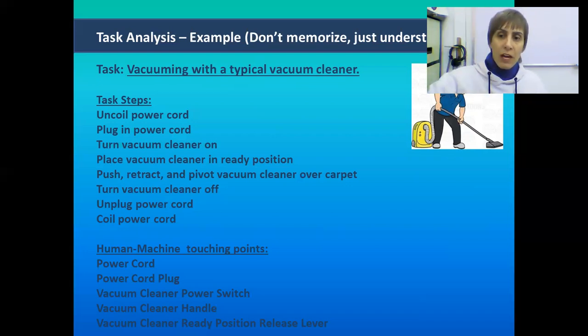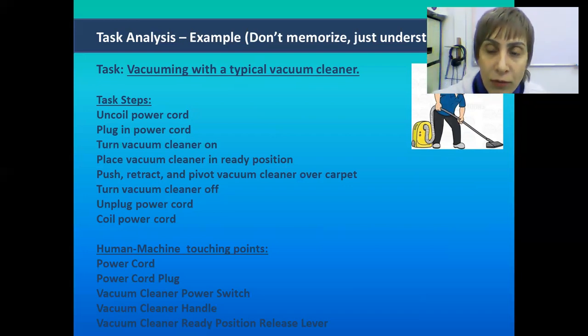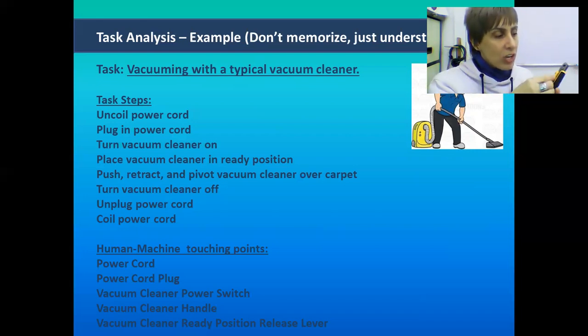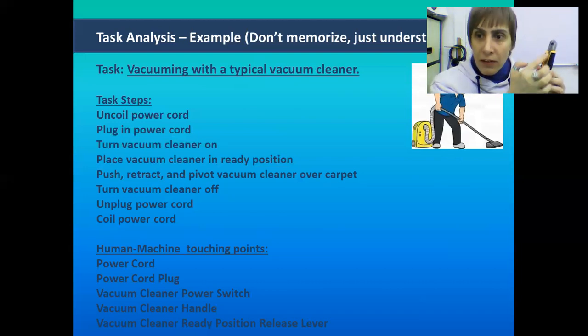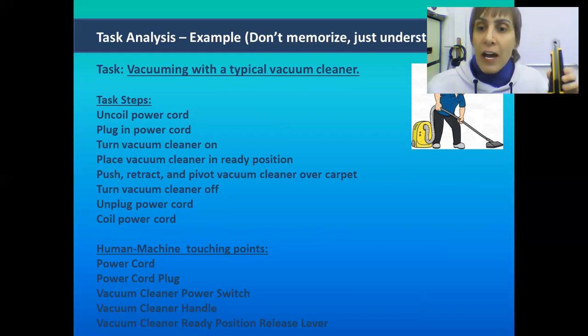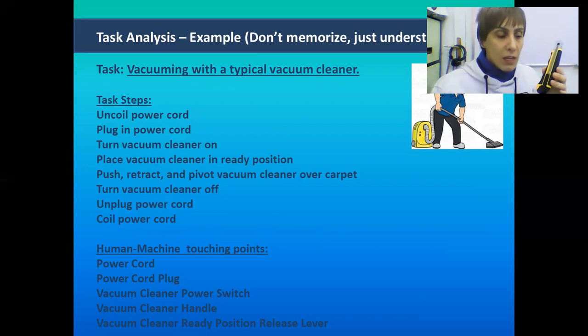Sometimes the task steps can be many, and you can have more than one task performed. Let's take this one as an example again. I can cut with this, and I can change the blade inside. Now, changing this blade requires different task steps than if I am using this for cutting.